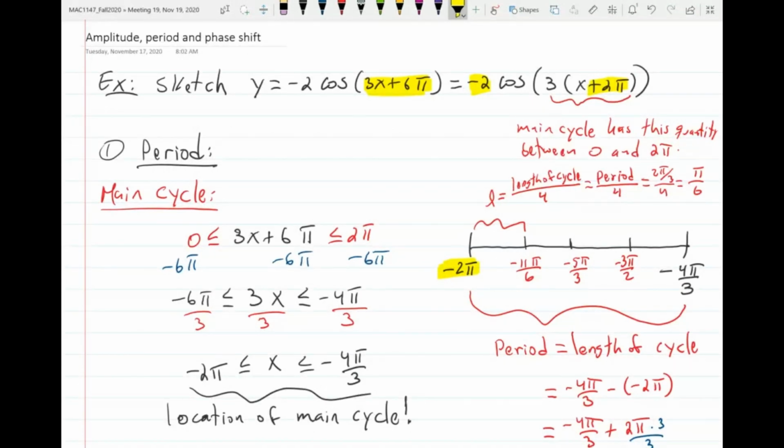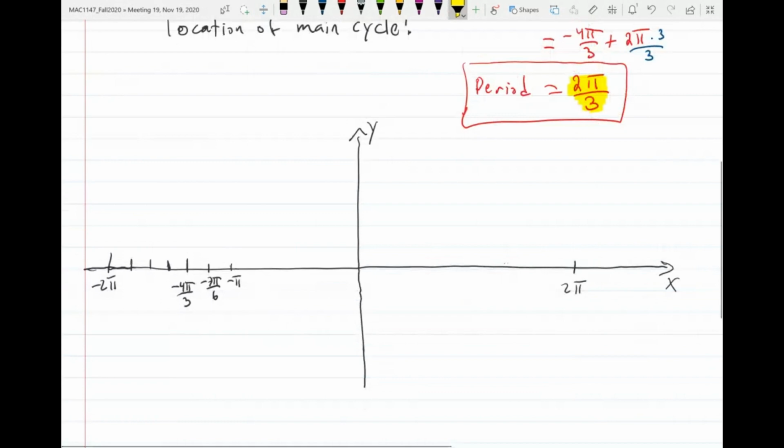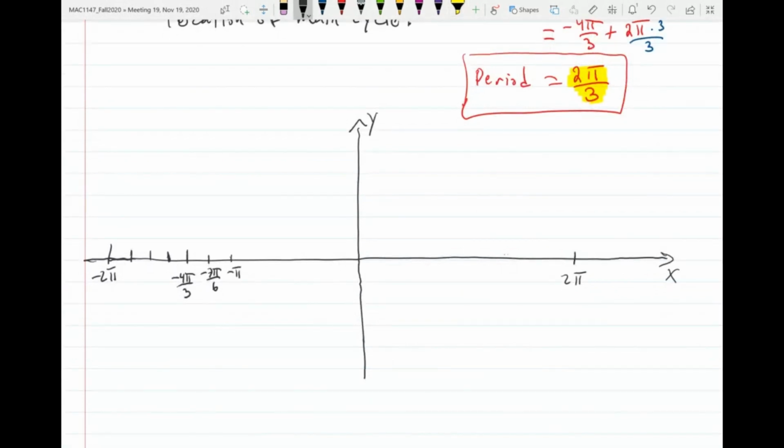But we know exactly what that does. The multiplication by 2 stretches the graph between 2 and negative 2. And then the negative, what it does is it flips the cosine, okay? So when we're going to put our point, instead of going up, we're going to go down, okay? But that's the only difference. So that means that instead of being from 1 to negative 1, we're going to go between 2 and negative 2.